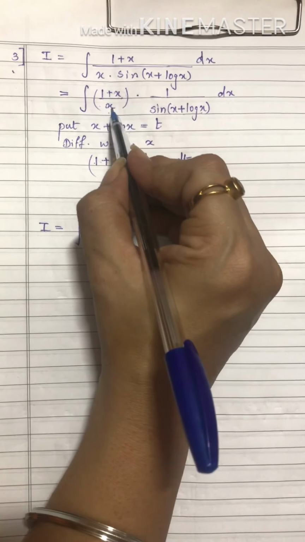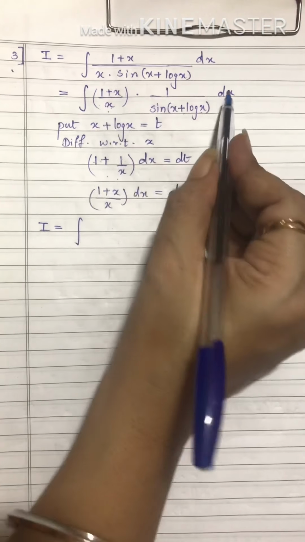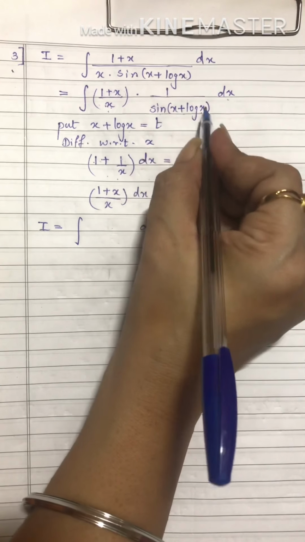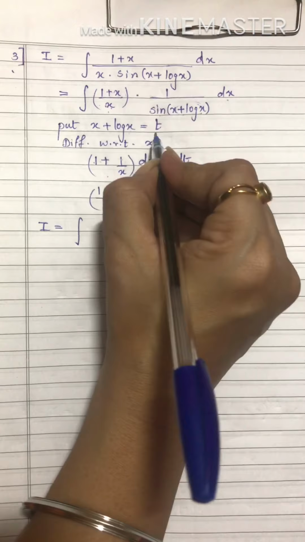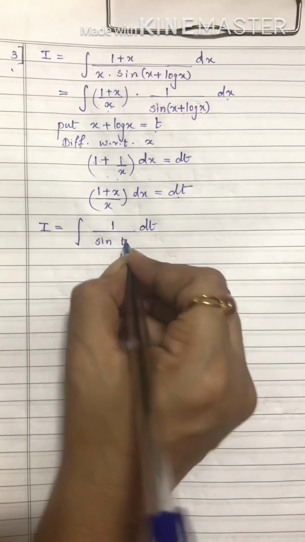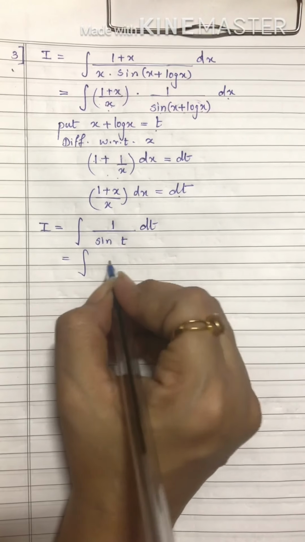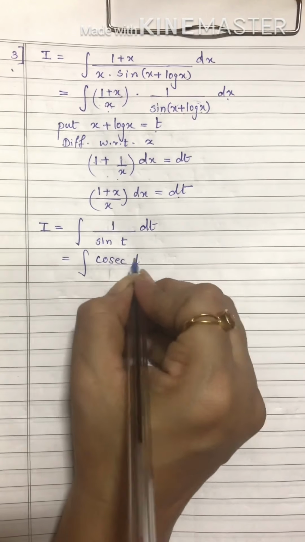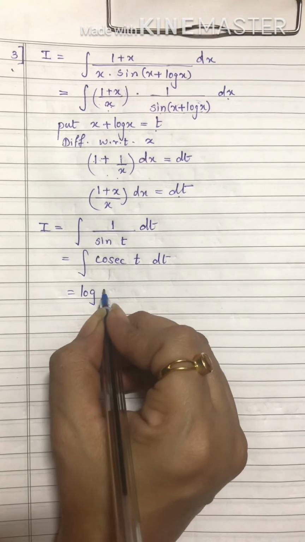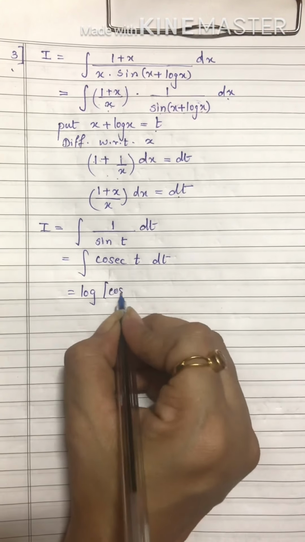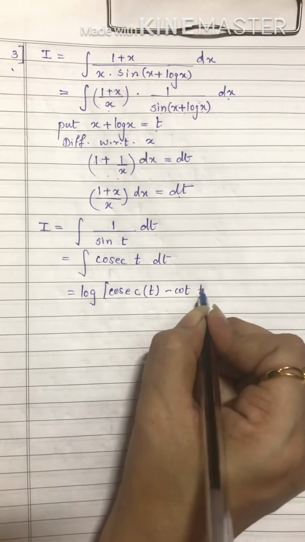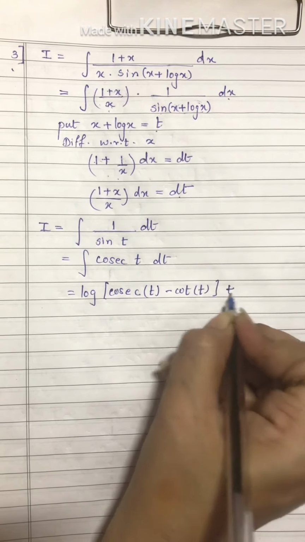Now 1 plus x upon x dx is dt. So that we will write, and 1 upon sine of whatever is there in the bracket, we have taken it as substitution. So we get 1 upon sine t. Next, 1 upon sine I use as cosec t dt, and I get log cosec t minus cot t plus c.